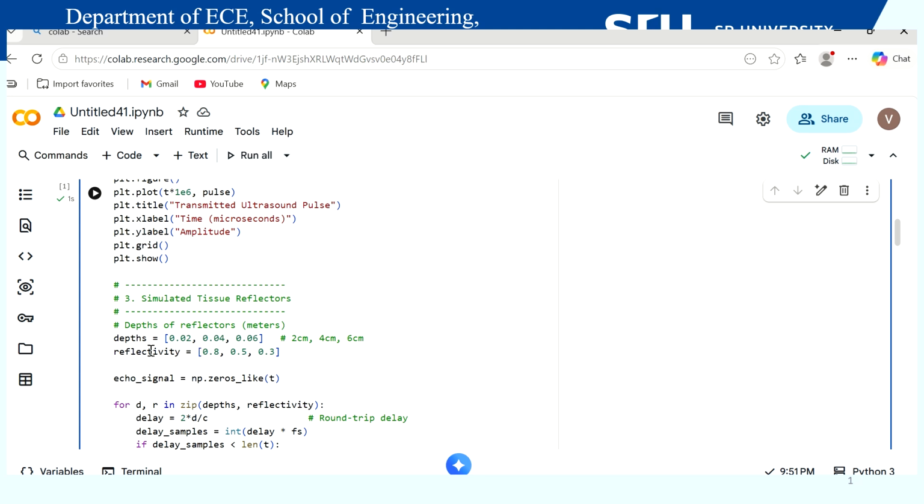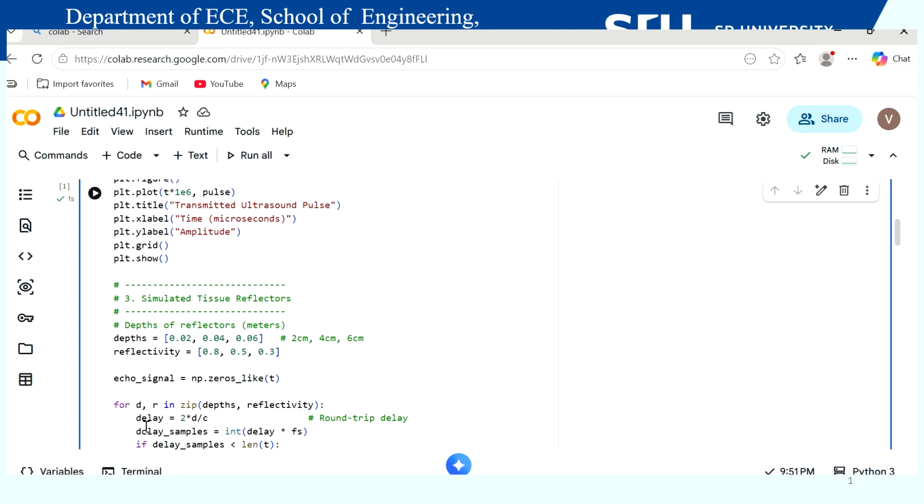High reflectivity means a stronger echo, and then echo signal formation is done using this expression. Echo_signal is equal to np.zeros_like(t).